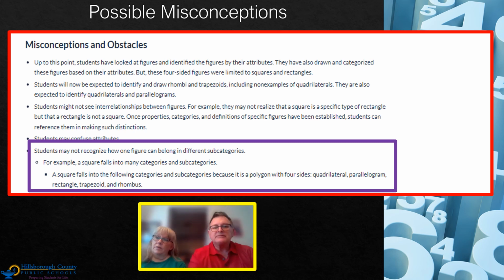I see a lot of them listed there: quadrilaterals, parallelograms, rectangles, trapezoids, and rhombi, and really polygon also. Exactly. So we need to think about that language of categories and subcategories. Here we have the category of a square, and that square also fits into many other categories: quadrilaterals, parallelograms, rectangles, trapezoids, and rhombi.